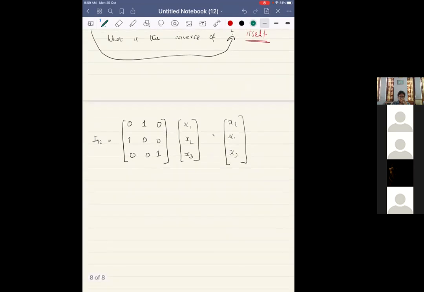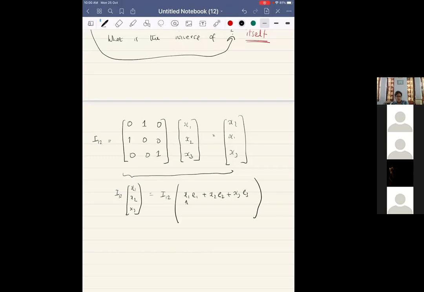Now let me say something that will probably help you. Another way of understanding this equation is that I12 acting on x1, x2, x3 is I12 acting on x1 times E1 plus x2 times E2 plus x3 times E3.